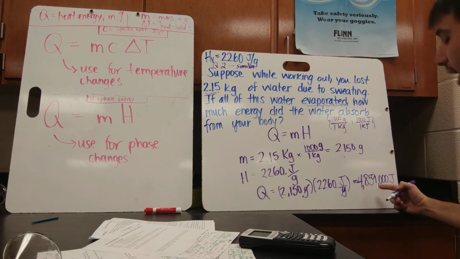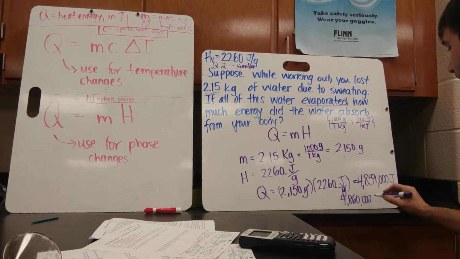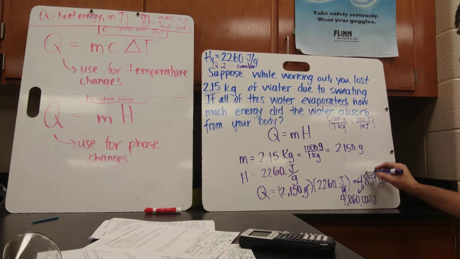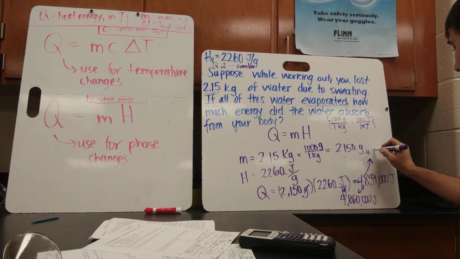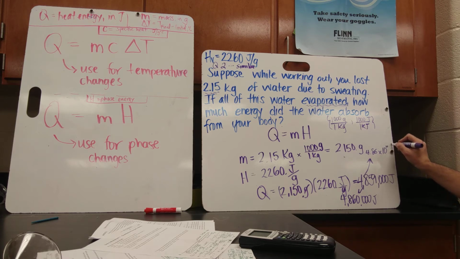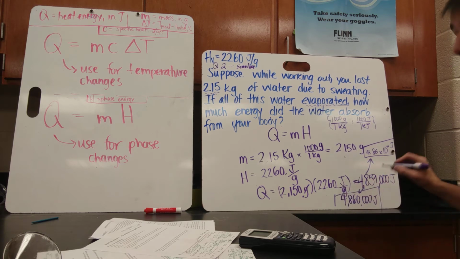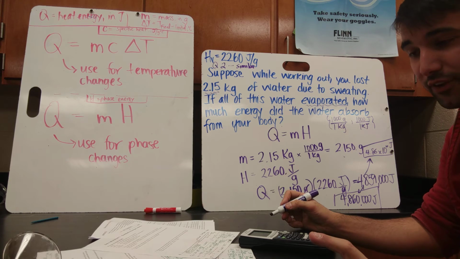So I have to round this answer to 3 sig figs, so it'd be 4,860,000 joules, or in scientific notation, 4.86 times 10 to the 6th joules. That would be my answer with the correct number of significant figures. Make sure you're expressing your answers to the correct number of significant figures.